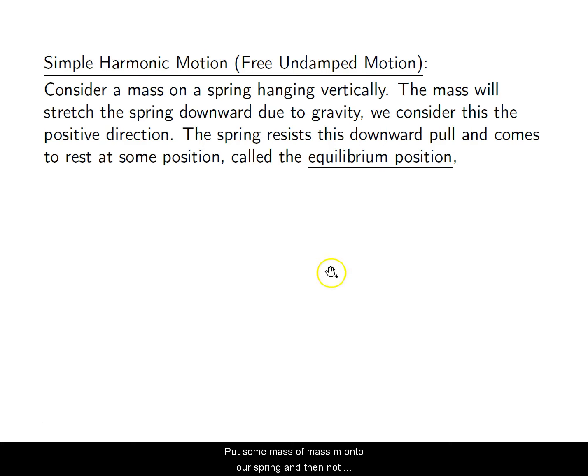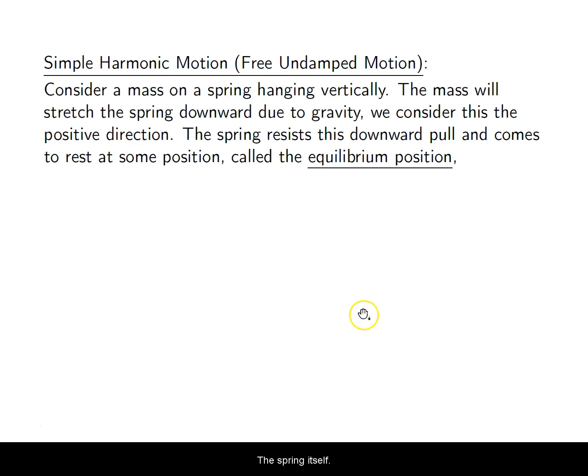We put some mass of mass M onto our spring, and then that mass will pull our spring downwards a certain distance and it will come to rest, okay? So again, mass and gravity are acting downwards on the spring.